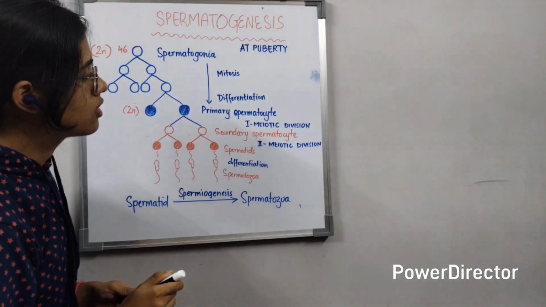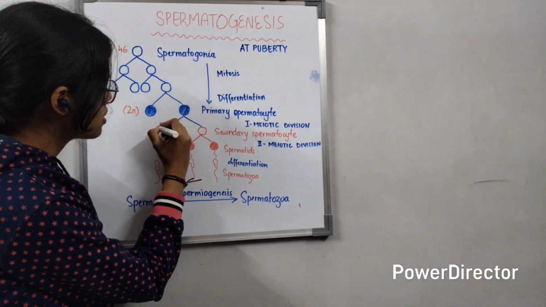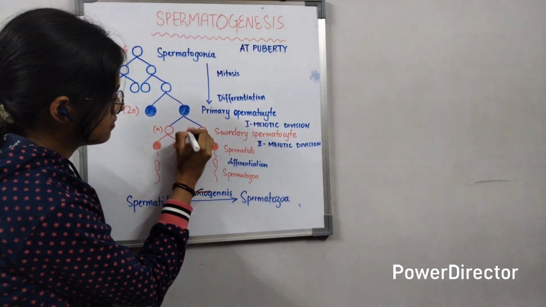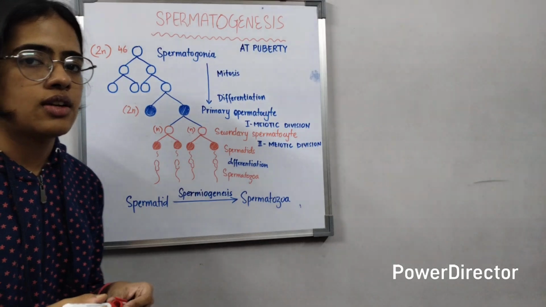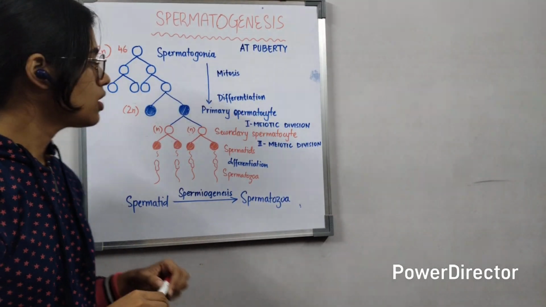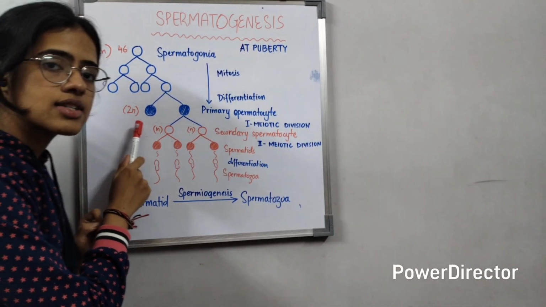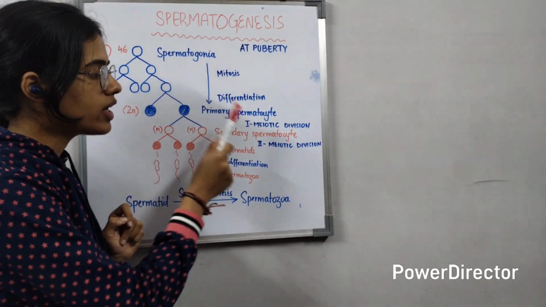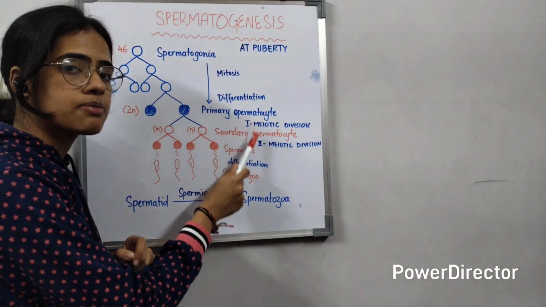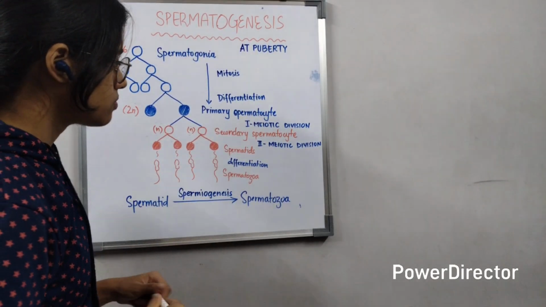The ploidy of secondary spermatocyte is n. I hope this is clear. The primary spermatocyte has the ploidy of 2n, that is, it is a diploid cell. When it undergoes the first meiotic division, it will form the secondary spermatocyte, which has the ploidy n.